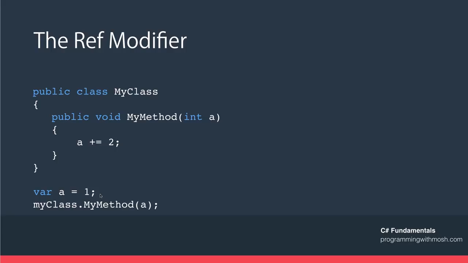Is it going to be 3? No, it's going to be 1 because a is a value type. And that means when we pass a to a method like the one you see here, its value is being copied. So the int a that we have here is a local copy of a that will be relevant to this method here. It will not affect the original a that we had here.